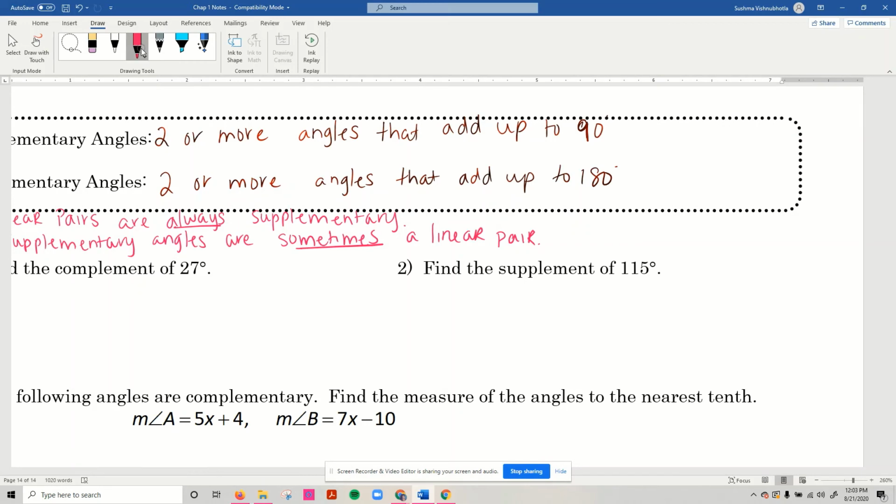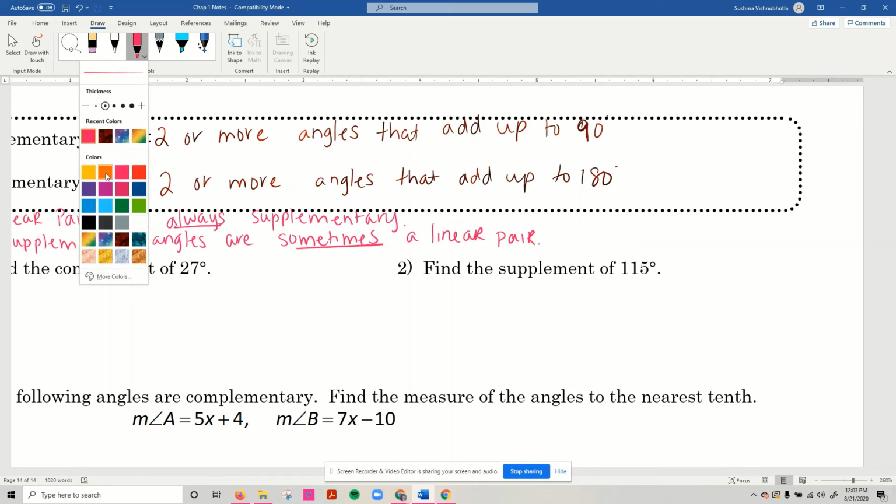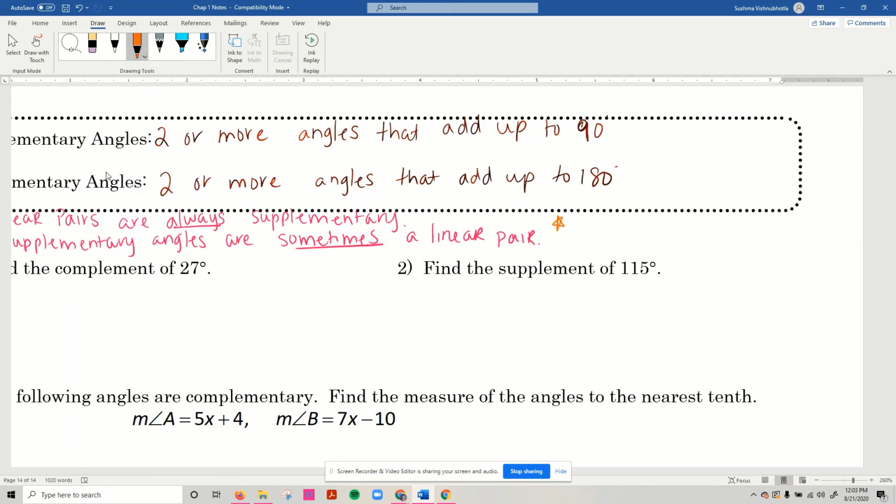Another sometimes, always, never statement is linear pairs are always adjacent. Adjacent angles are sometimes linear pairs. Angles next to each other, all those four conditions, they don't have to be linear pairs, but sometimes they are.